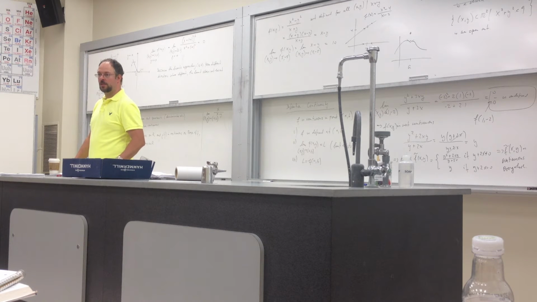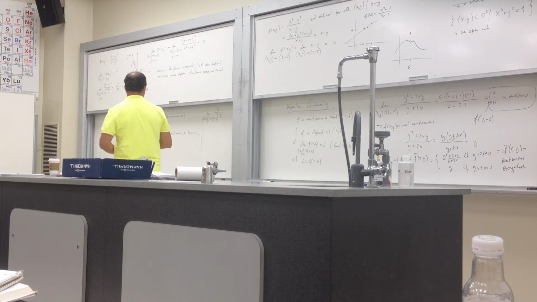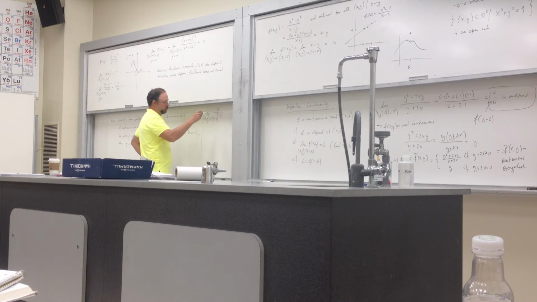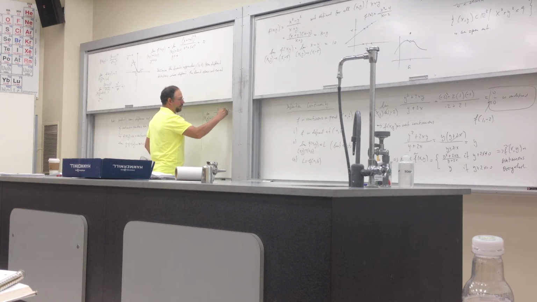Provided a and b are equal? No. x and y approach that point a, b from any direction. Of course, we cannot evaluate the function when x is equal to y, but the condition is that a is not equal to b. If a is not equal to b, oops, forgot to say, the limit exists.